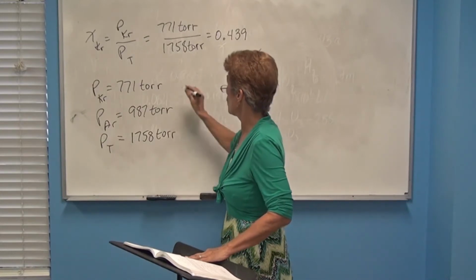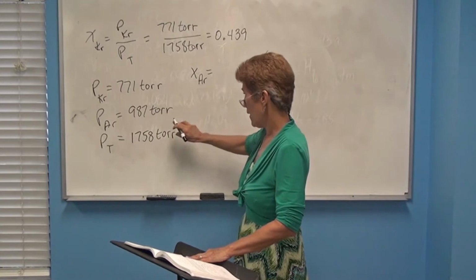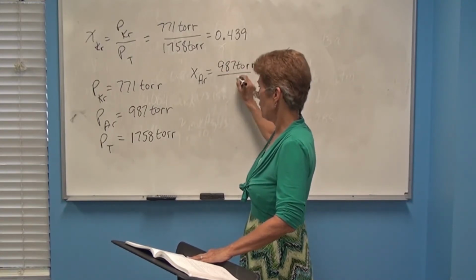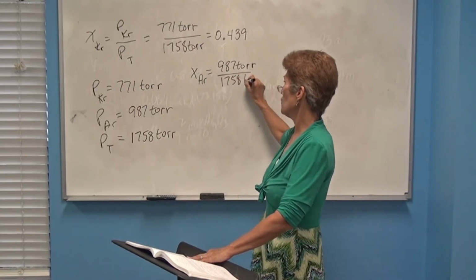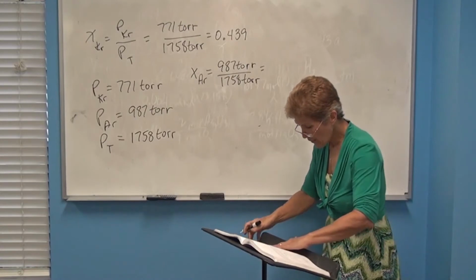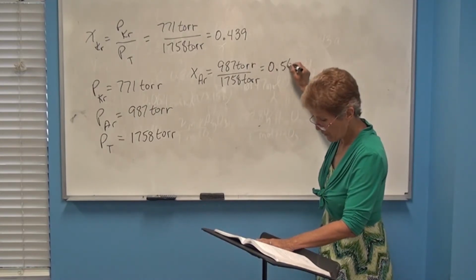Now let's do it for the partial pressure for argon. And that's going to be 987 torr divided by 1758 torr. And that's going to give us 0.561.